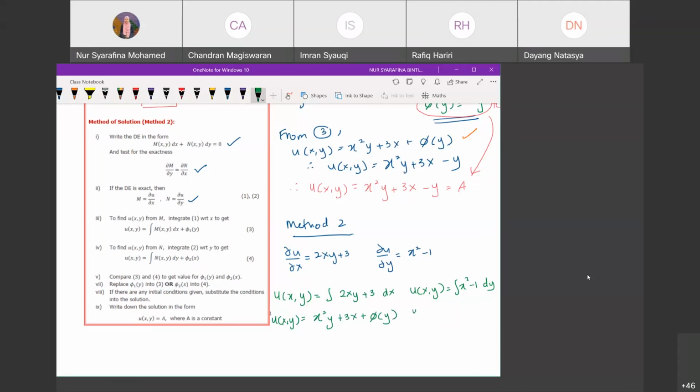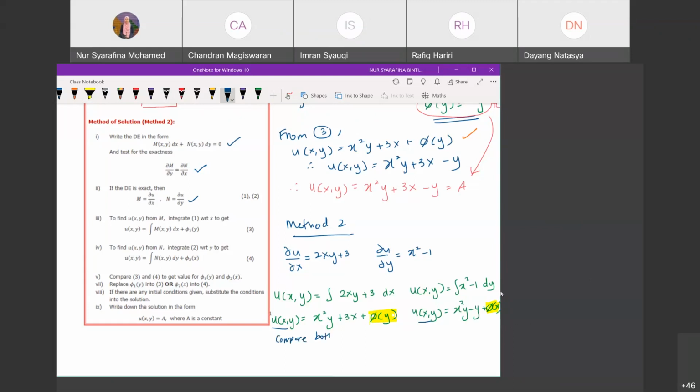Okay, for the second one, u(x,y) integrating with respect to y, you have x squared y minus y plus psi x. Okay, so the difference between these two u are the value of the constant. Here we have psi y, here we have psi x. So now, as you can see, both are u(x,y). So you just compare.